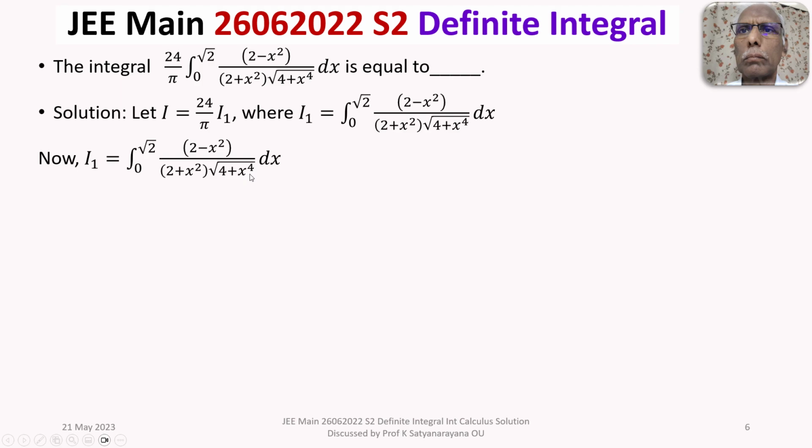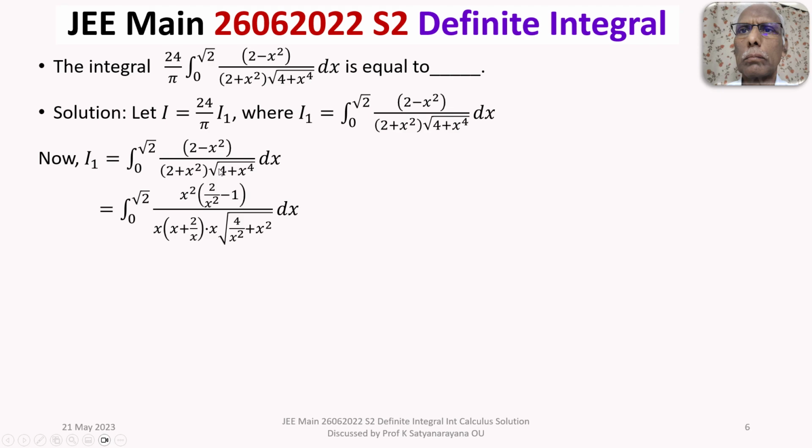In the numerator of the integrand, we have taken x square common. When you take x square common, this becomes 2 by x square minus 1. In the denominator, from the factor 2 plus x square, an x is taken common, x times (x plus 2 by x), into under the square root, an x square is taken as a common factor.